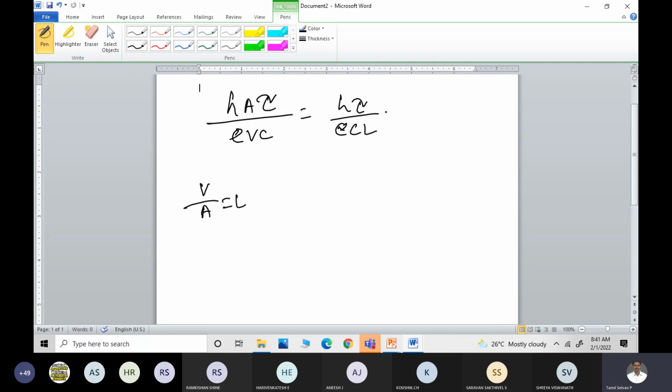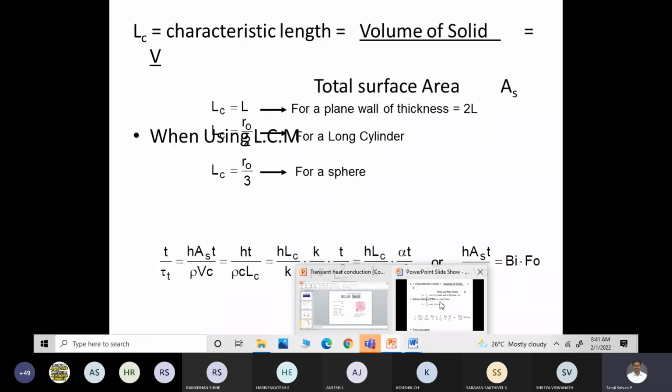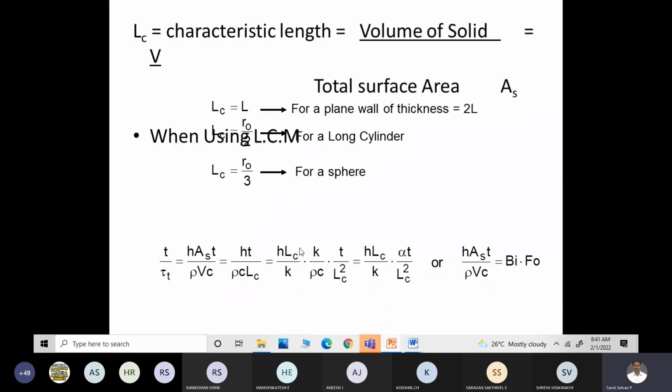Now let me multiply this by k into L in the numerator as well as the denominator. So it will be equal only. Am I correct? Now this expression becomes hL by k into k by rho C into t by Lc squared. Is it fine?